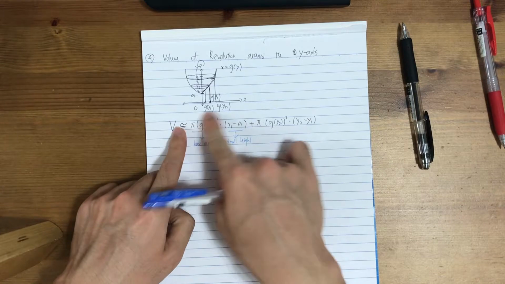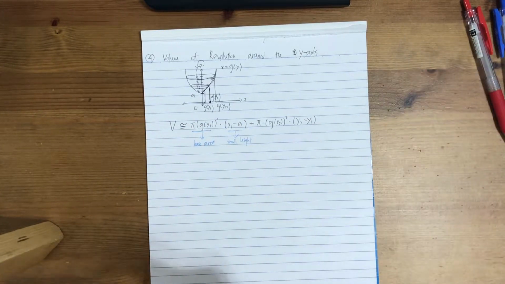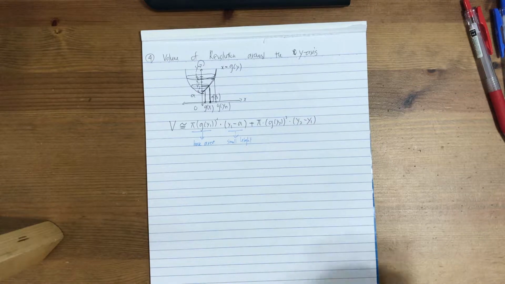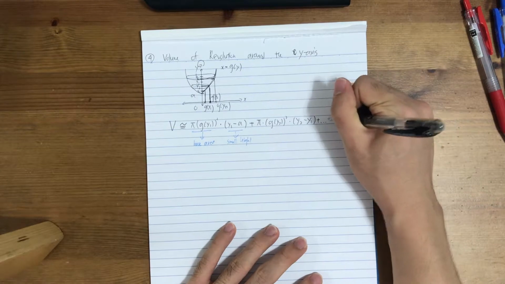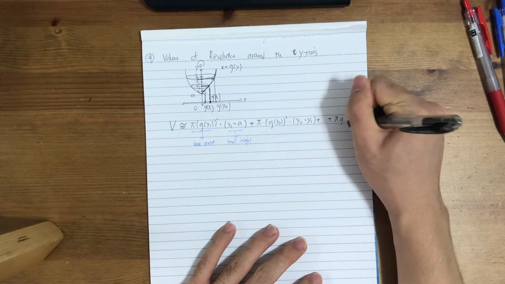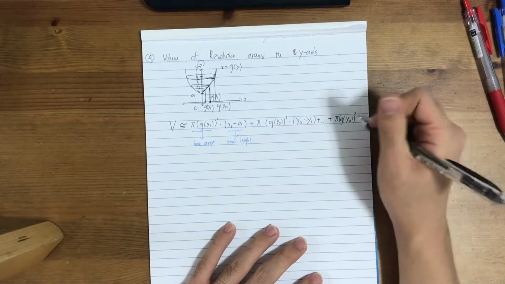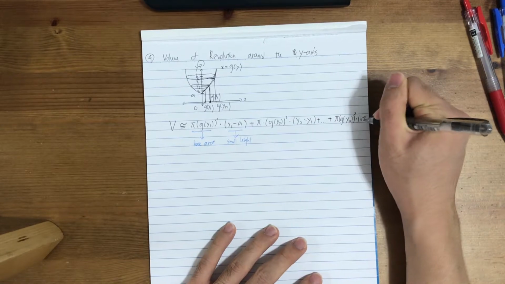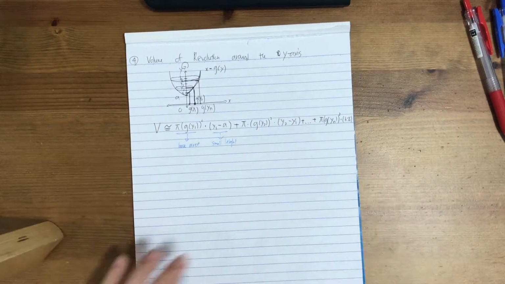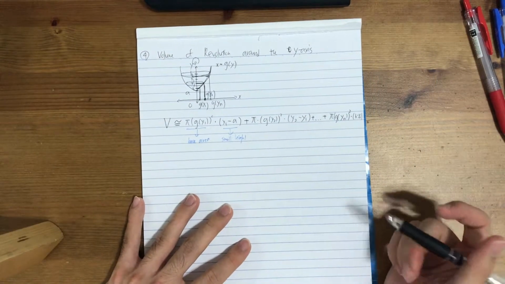So this entire thing, the product of these two, would yield the volume of a very flat cylinder, right? So we add all the way until the last term, the last cylinder, b minus yn. It's a bit hard to see, but I'll post this note as well, so you can just download it.